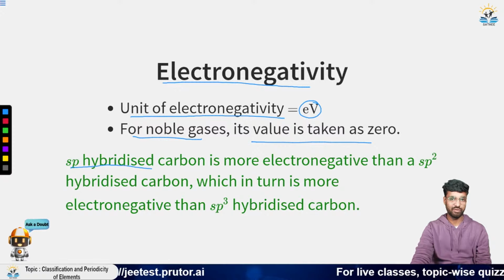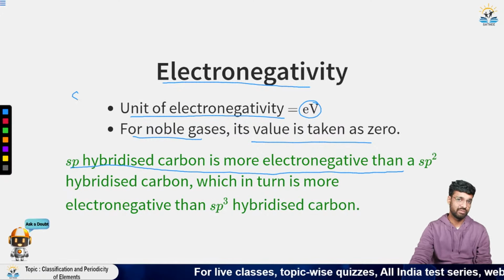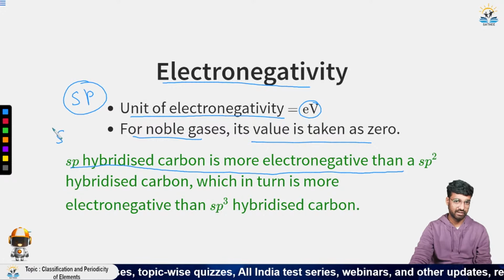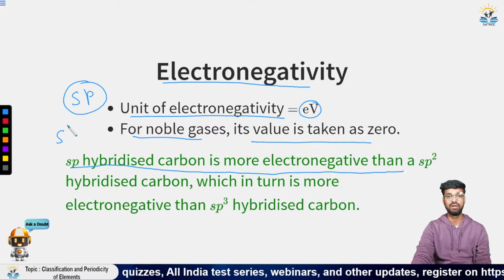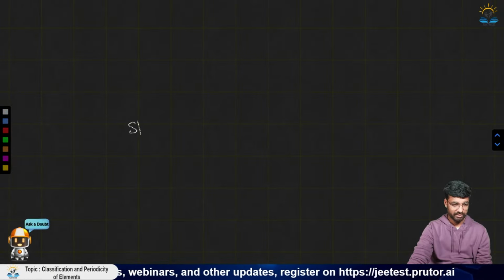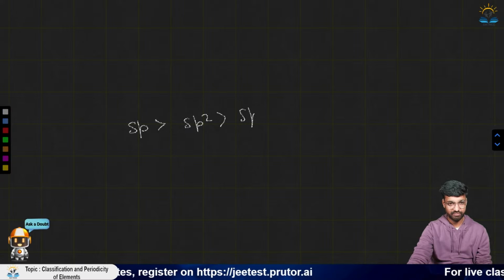Now sp hybridized orbital is more stable, more electronegative. Why? Because we know very well that in sp we have a greater s character. If you have not studied covalent bonding and all, but if you want to know why sp has greater electronegativity, then we have sp2 and then sp3.